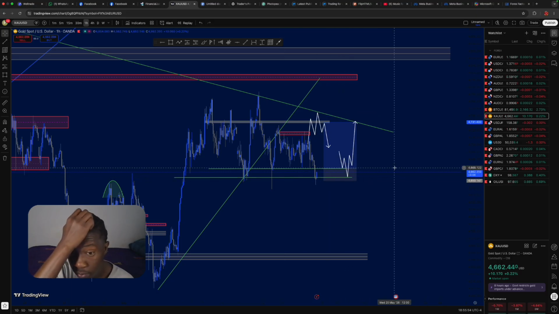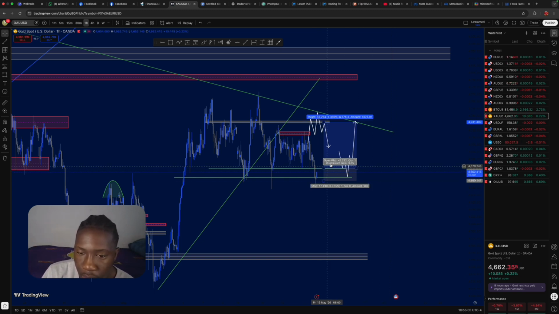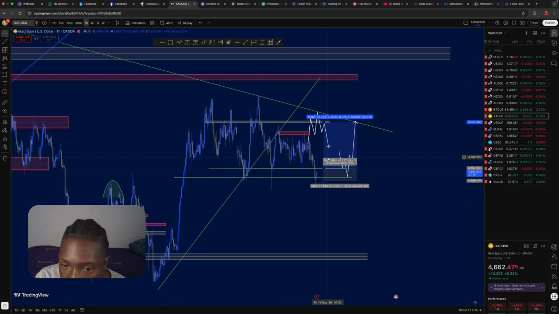So right now, for me to trade this move to the upside, it will be very risky, because the market is now giving selling potentials which have more probability than buying.